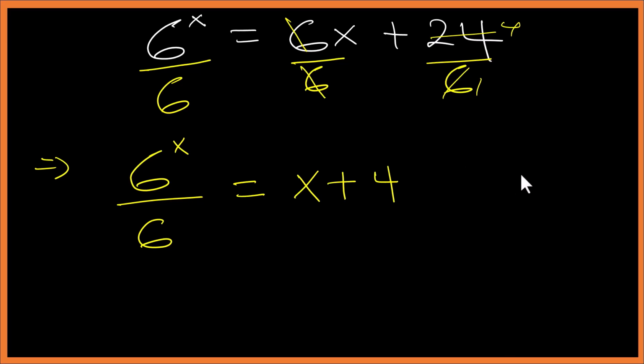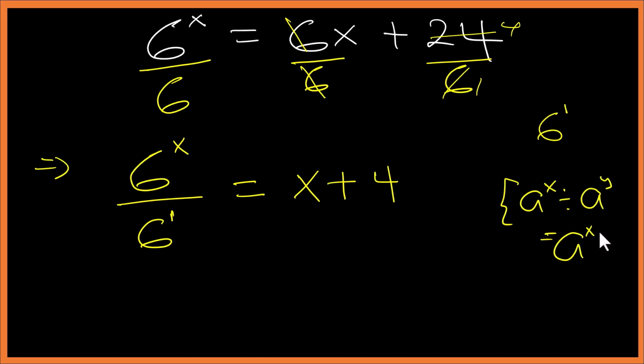All right, so any nonzero number to the power 1 is that number, so 6 can be written as 6 to the power 1. So we have this. Okay, and when we are given a raised to x divided by a raised to y, this will be a raised to x minus y.